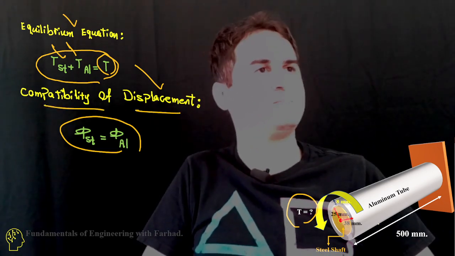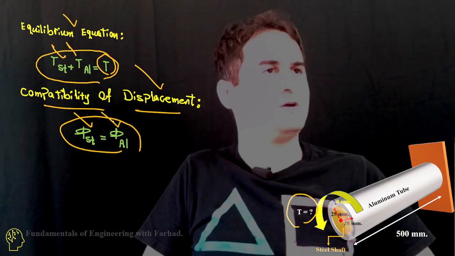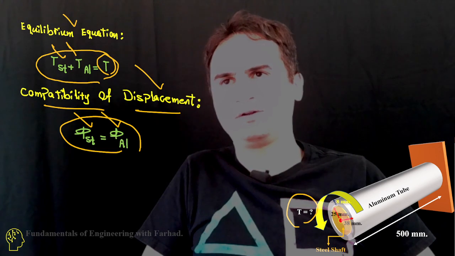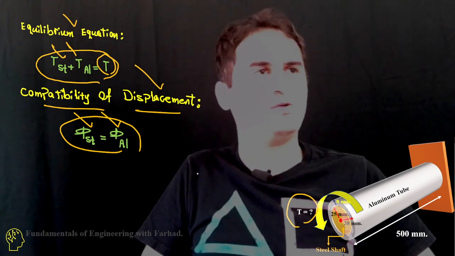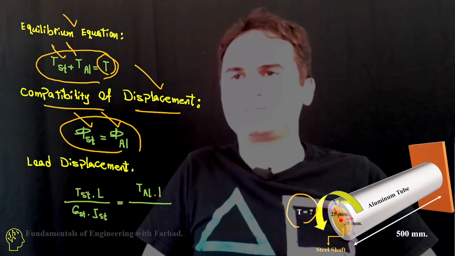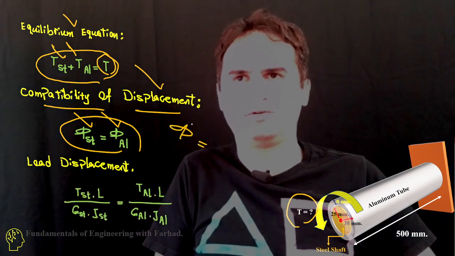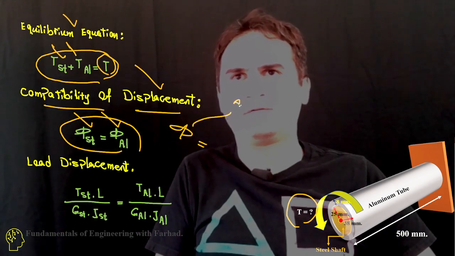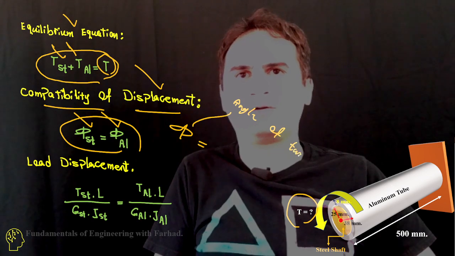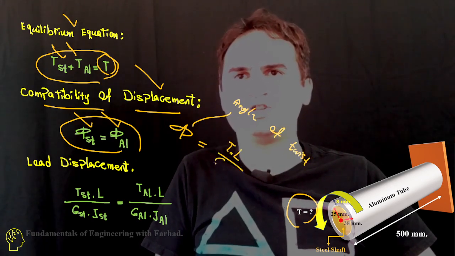If something is embedded in the other, phi of steel, the angle of twist or rotation of steel, is equal to the angle of twist of the aluminum tube. And load displacement gives us phi, the angle of twist, equal to TL over GJ.